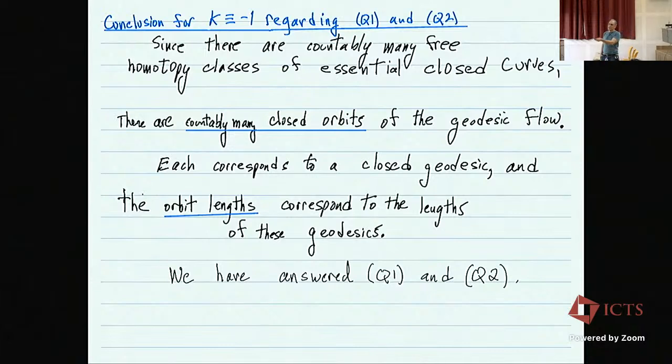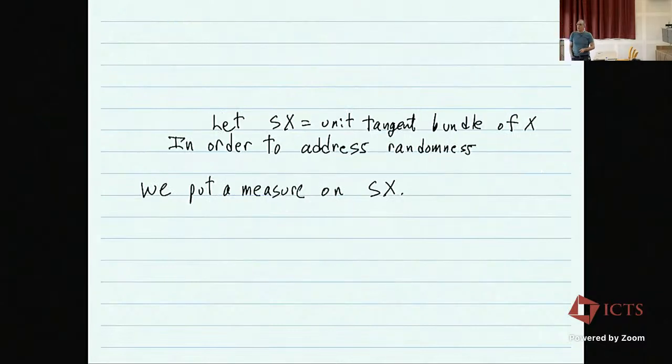So in some sense, in this very naive way, we've answered questions 1 and 2. But question 3, oh boy. Long-term behavior. So I'm going to tell you about that.